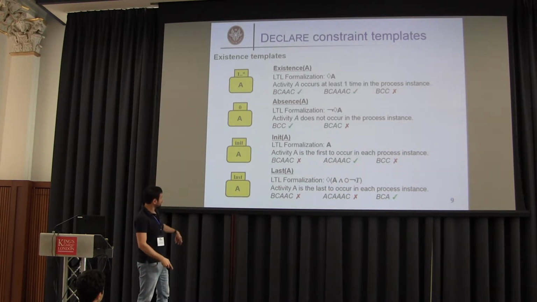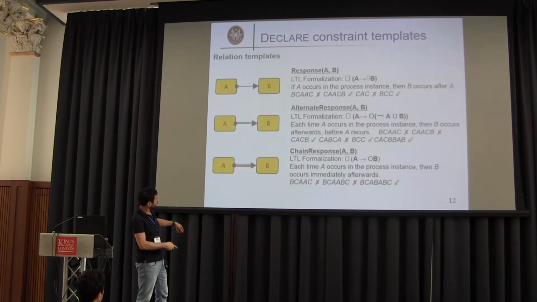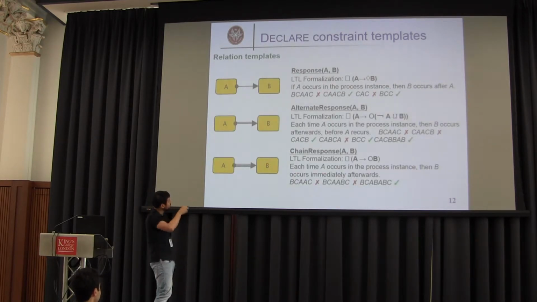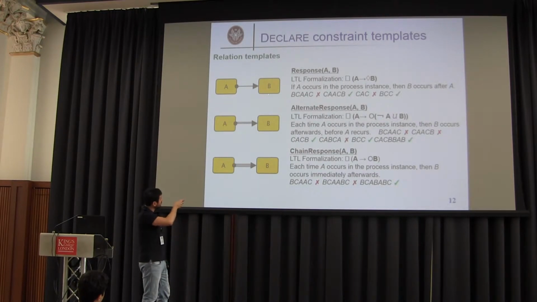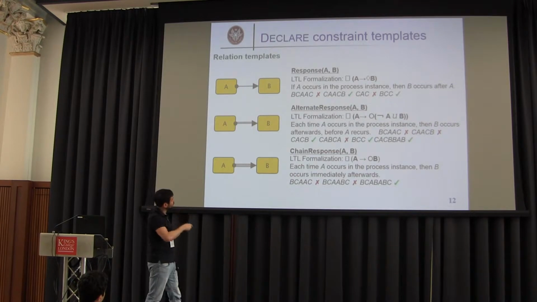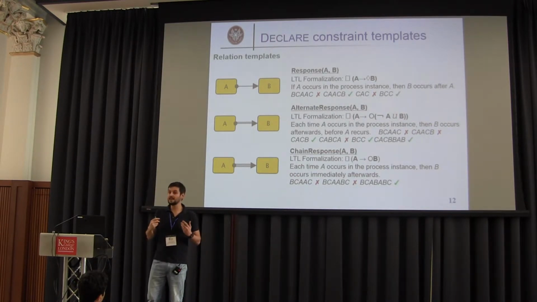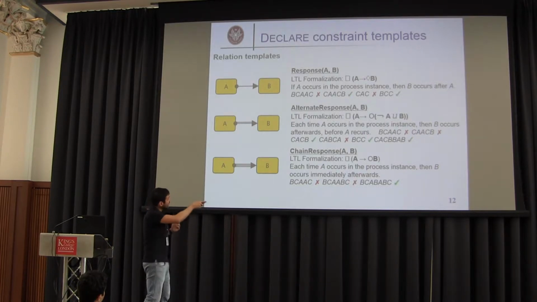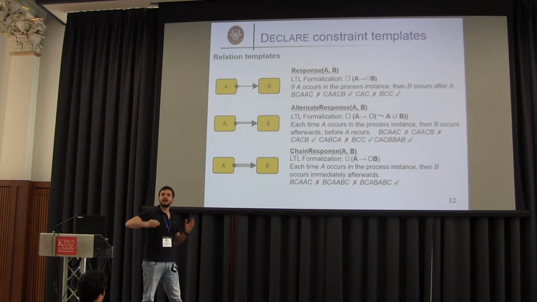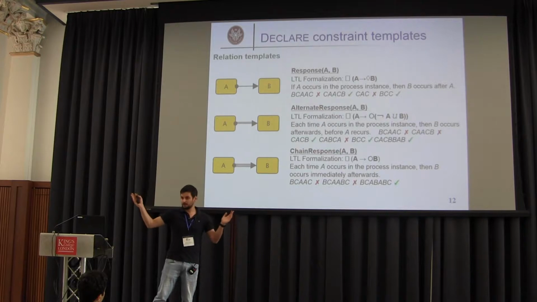There exist a lot of templates. I'd like to show you a couple of other ones. For example, response AB. The LTL formalization of this template is globally A implies eventually B. Basically it means that when an instance of A appears in the trace, an instance of B must appear after A somewhere.